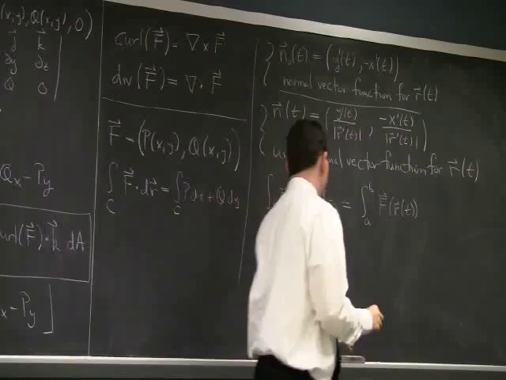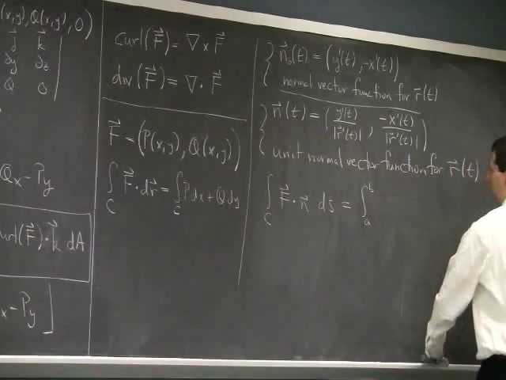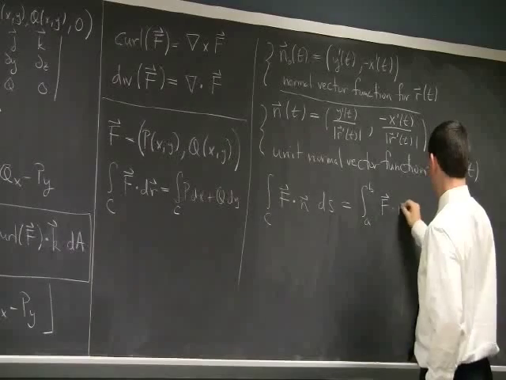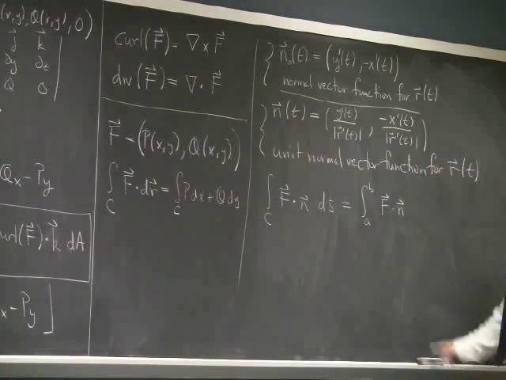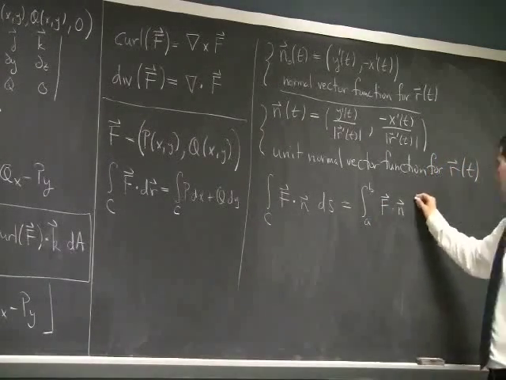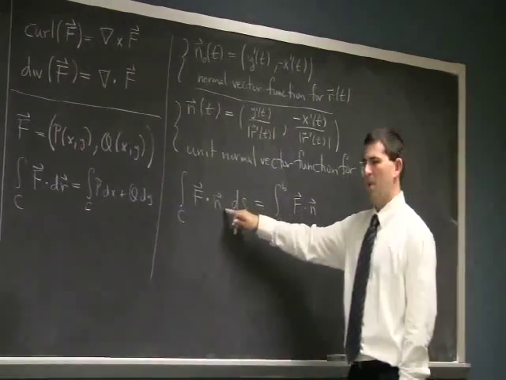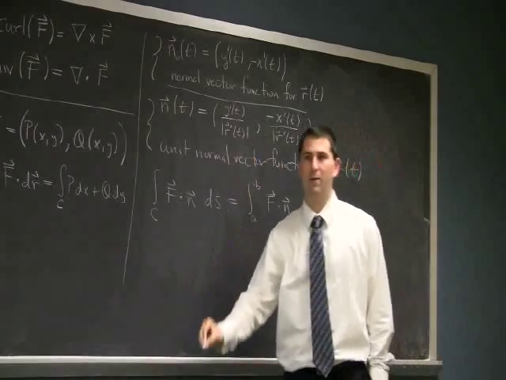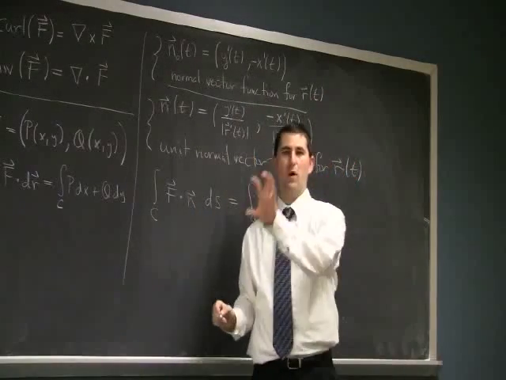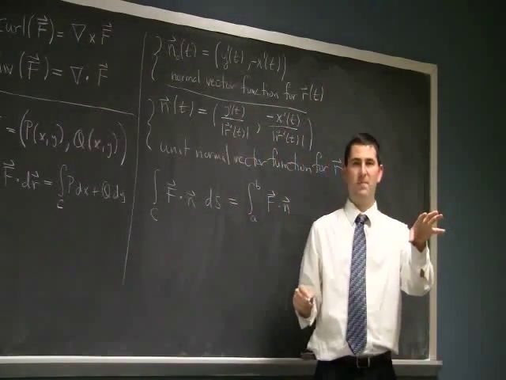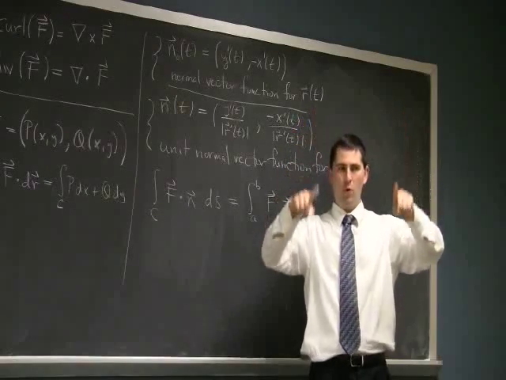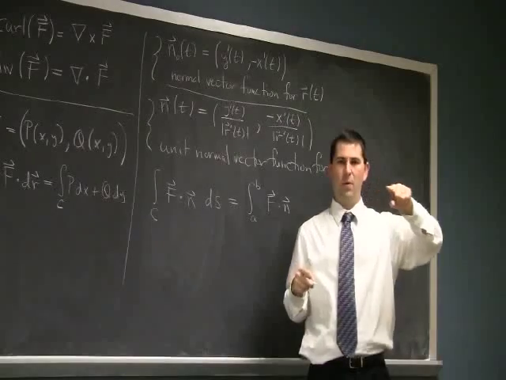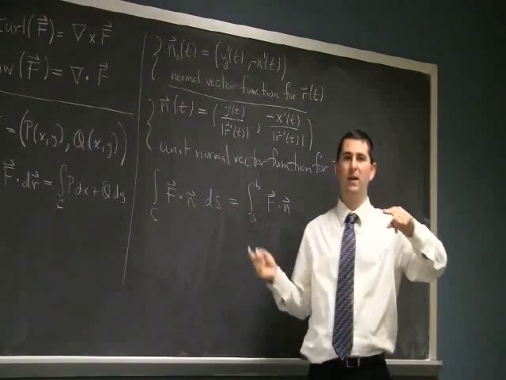Oh, I didn't do that. Sorry, I did something else at this point. Okay. I take the dot product with n, and then I multiply by... Remember when you first wrote down this ds, this line integral ds, we wrote down the square root, and then you had to square the derivatives? But then we said, okay, that's actually just the norm of the derivative of r of t.